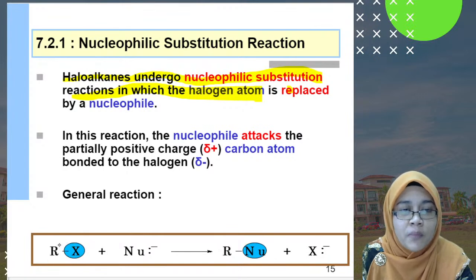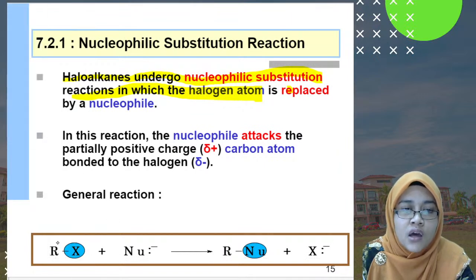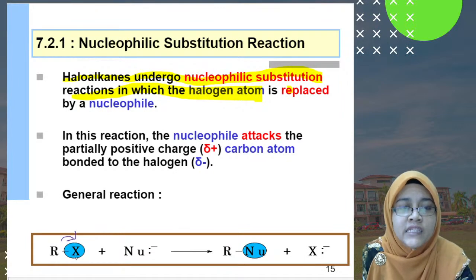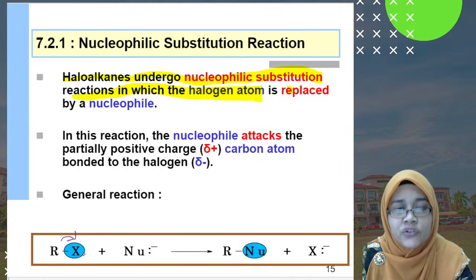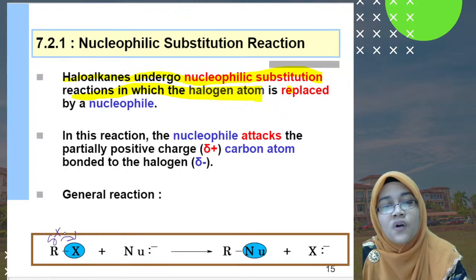Here the general formula, we have alkane bonded with the halogen. All the electrons here are pulled by this halogen, because halogen is very electronegative. So the carbon that holds this halogen becomes partially positive, deficient in electrons.